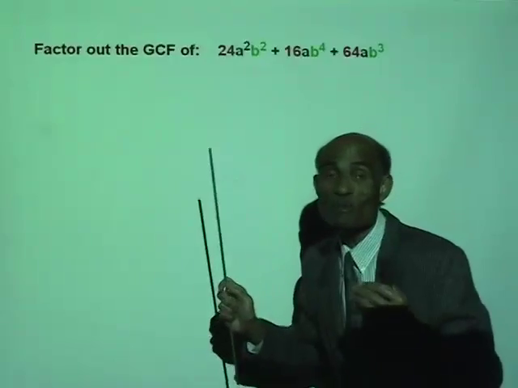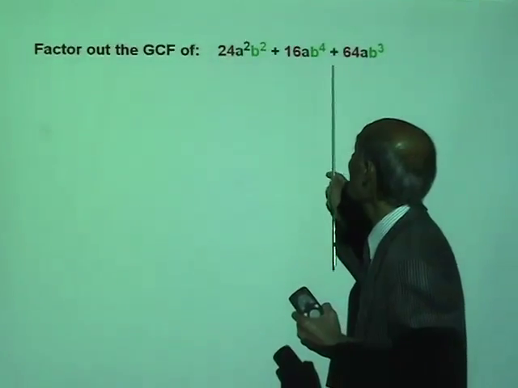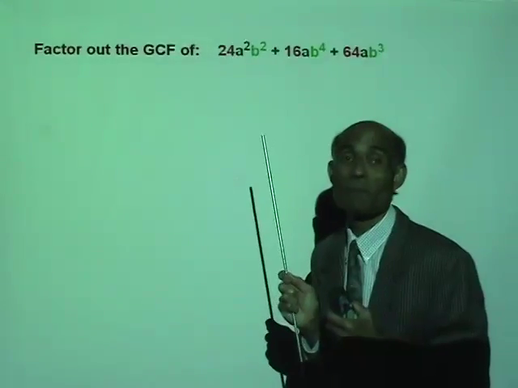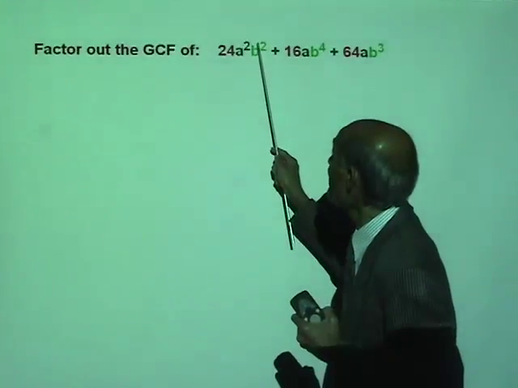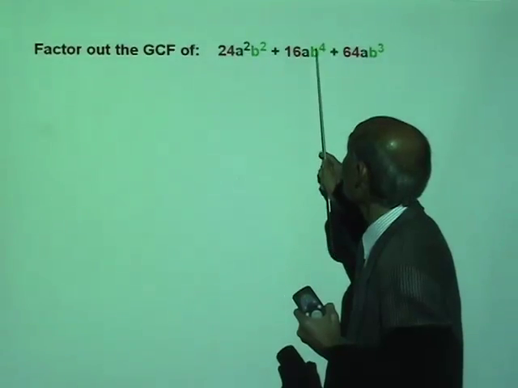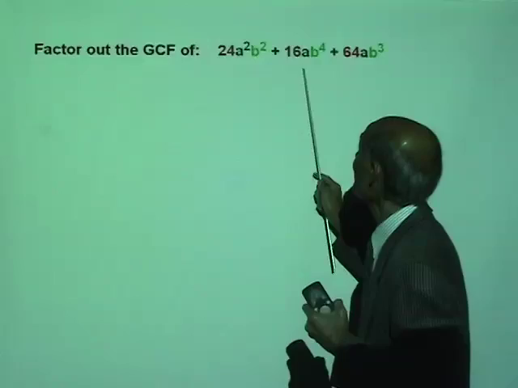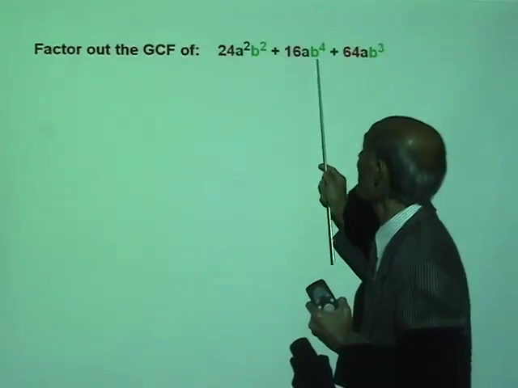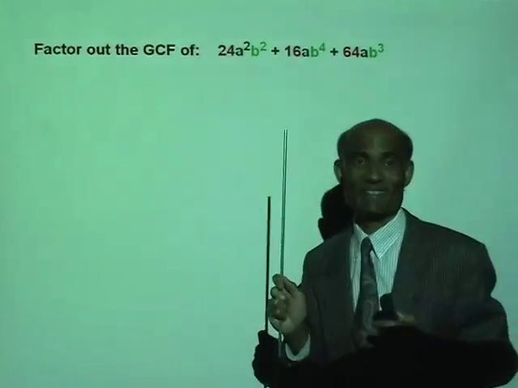What is the common factor among a squared, a and a? That will be a. What is common among b squared, b to the power of 4 and b cubed? Have you figured it out? The common factor there is b squared.